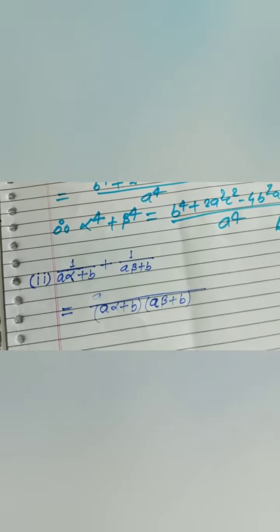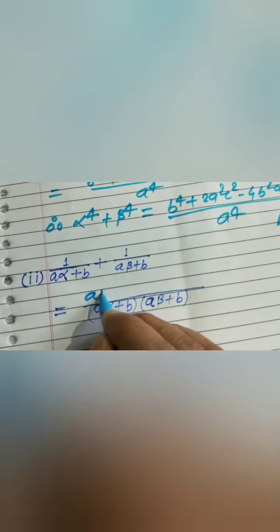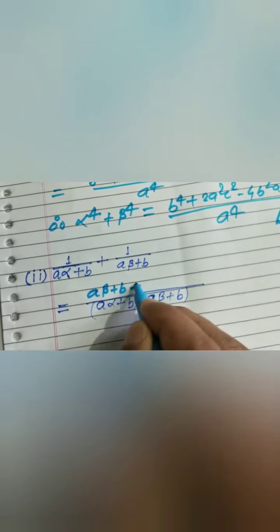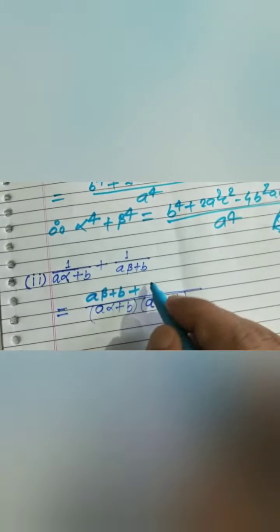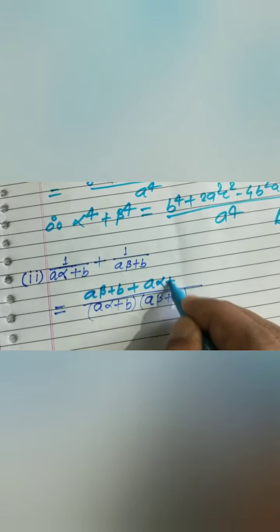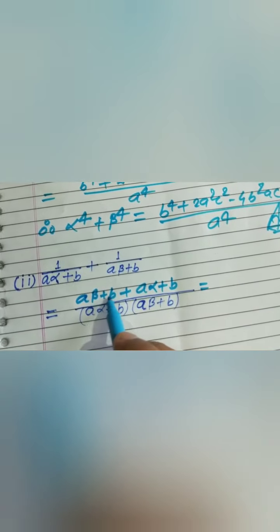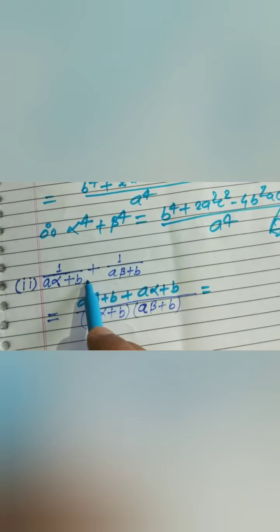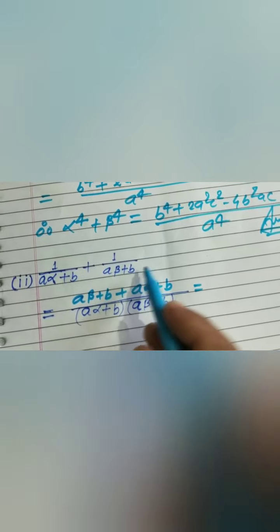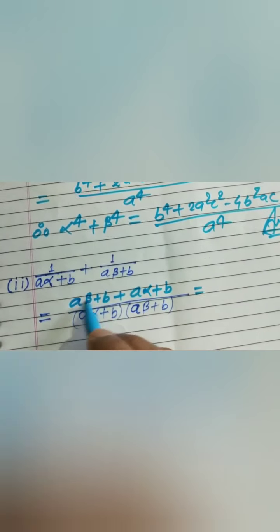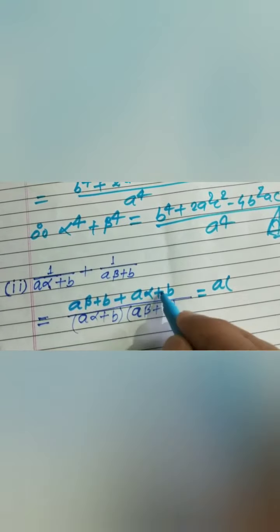So it will be equal to A beta plus B, and here we will have A alpha plus B multiplied by 1 will be A alpha plus B. Now you can see A alpha plus B and A beta plus B. So A alpha and A beta is here, so take common A in both.